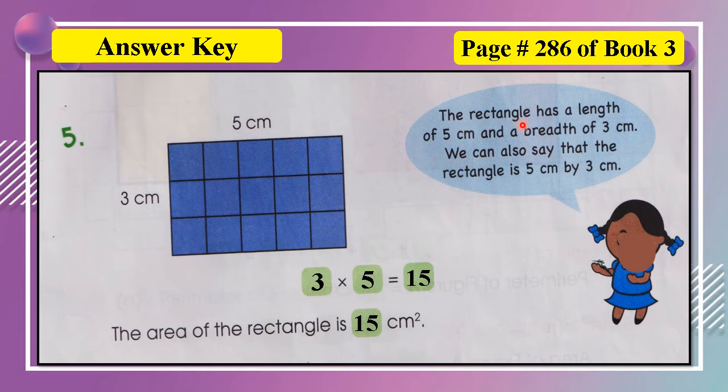The rectangle has length of 5 centimeters and a breadth of 3 centimeters. We can also say that the rectangle is 5 centimeter by 3.